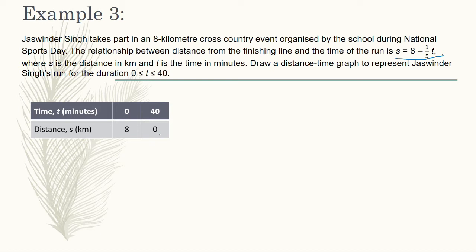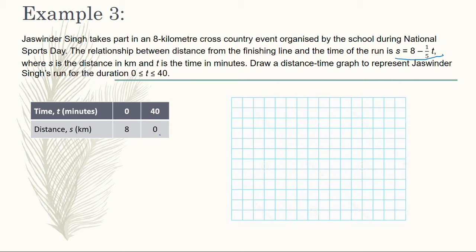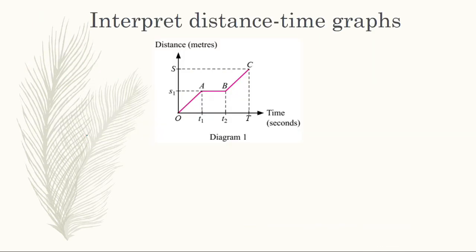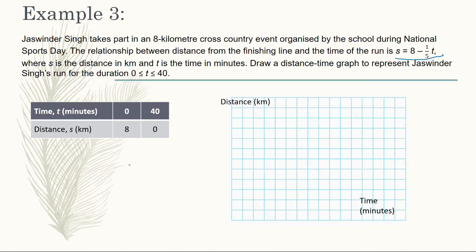Okay? So get ready on how to draw the distance-time graph. Over here, we have time in minutes for the horizontal axis and distance in kilometers for the vertical axis. Get ready these two, and then you can draw the line.